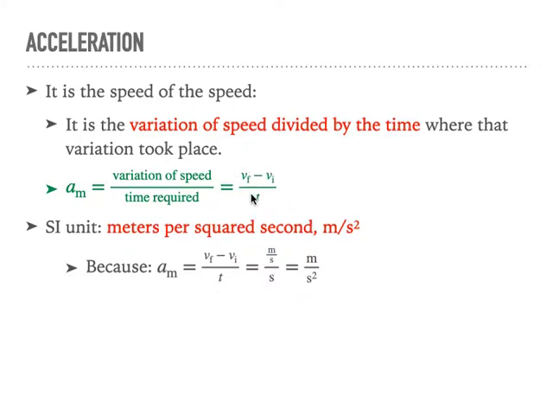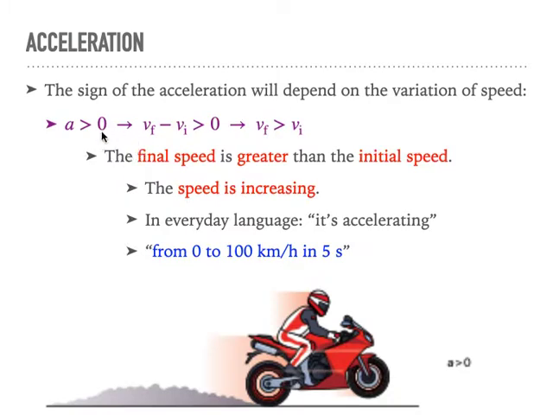we know time cannot be negative, so it's always going to be positive. So the only difference is going to come from the velocities. So if a is positive, it means that the difference in velocities is also positive. It's bigger than zero.